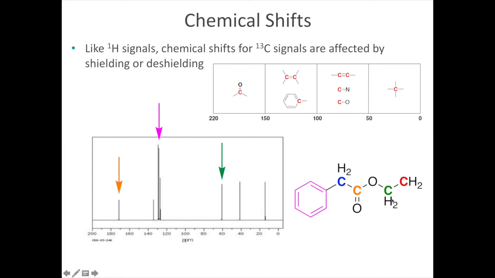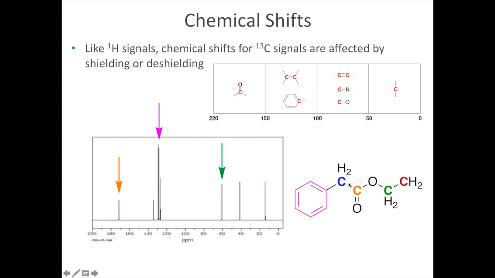So they could either be this red carbon here or this blue carbon here. Which one do you think corresponds to the most shielded carbon? Would you be able to make an educated guess that it would be the red, right? Because it's farthest away from anything, so it's not being deshielded.